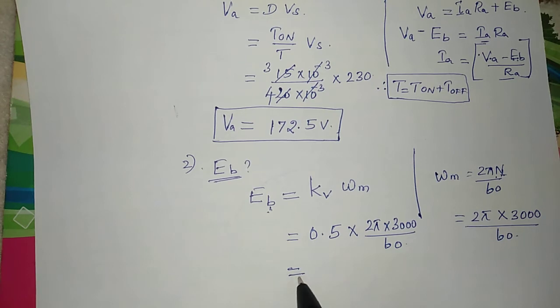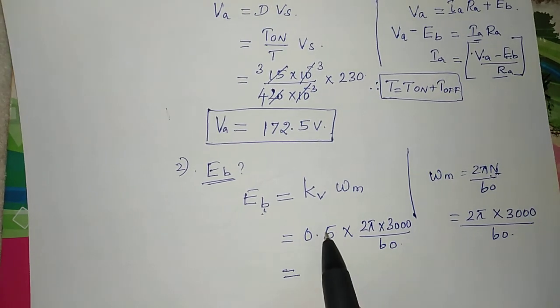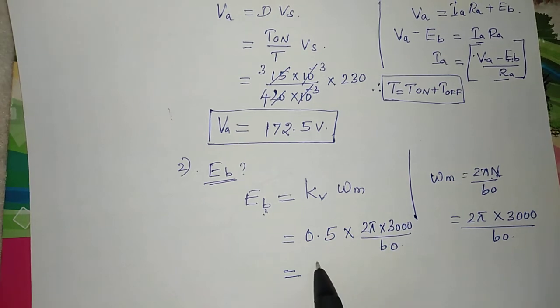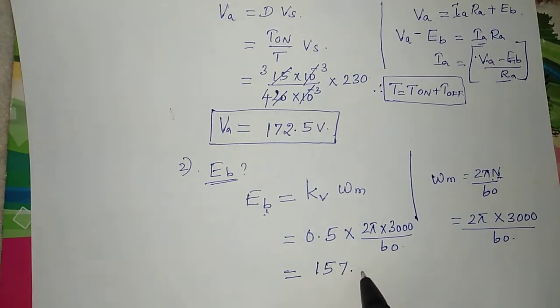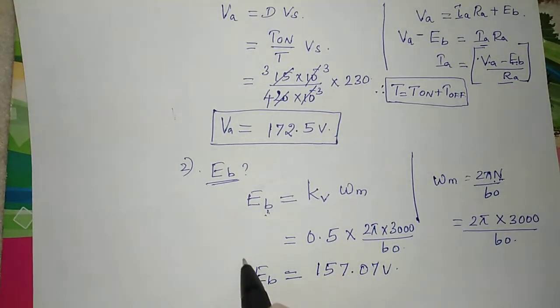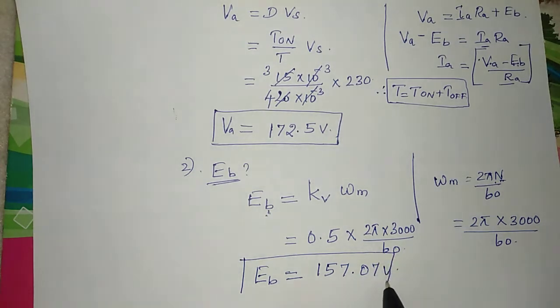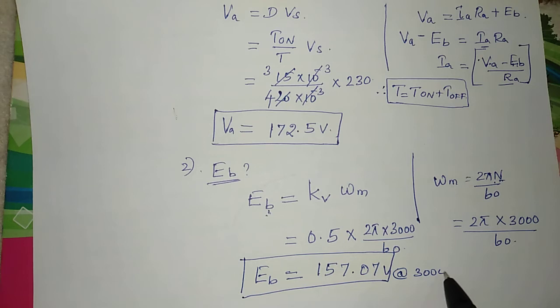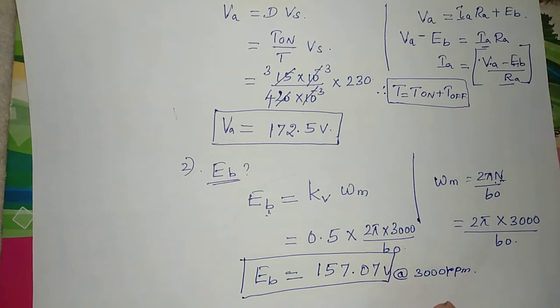So if you use the calculator, 0.5 into 2 pi into 3000 divided by 60, after simplification the answer will be 157.07 volt, that is Eb.